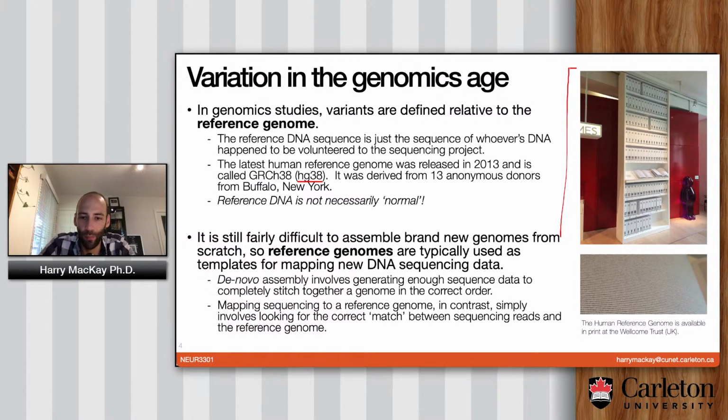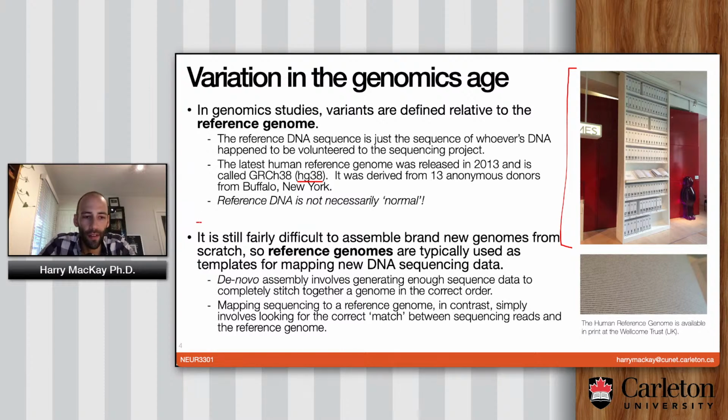The reference genome is actually printed out in the Wellcome Reference Center, so you can go and just look at pages and pages of A, T, C, and G printed out on paper if you ever want to feel the physical volume of the human genome.